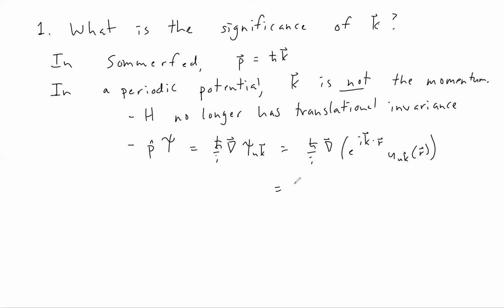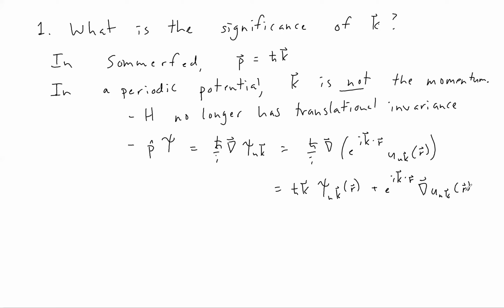This is equal to h bar k times psi at r. But there's an additional piece which comes from the gradient acting on u. So you can see that this wave function psi is not an eigenfunction of the momentum operator. Thus, k, which is one of the quantum numbers, cannot be the momentum itself.